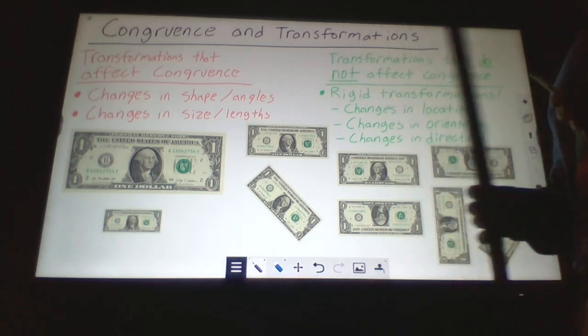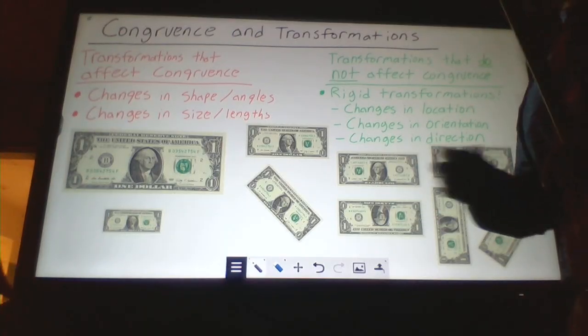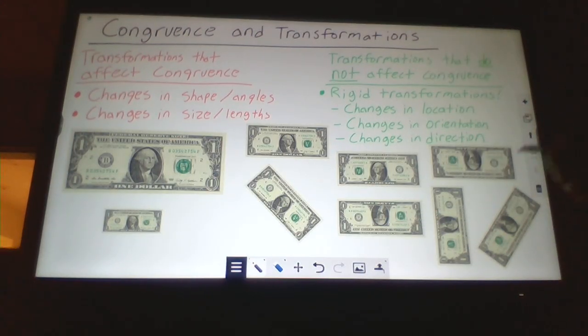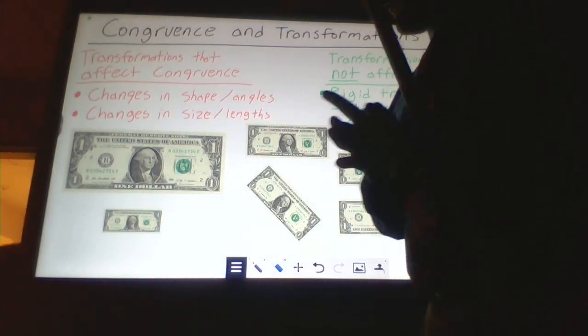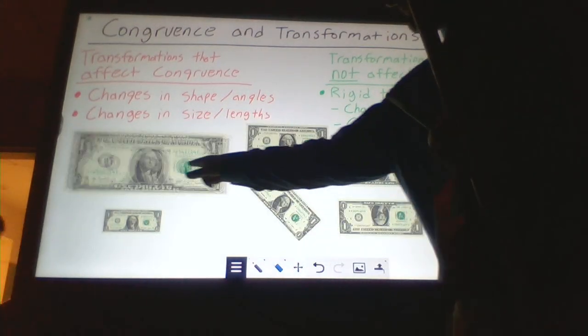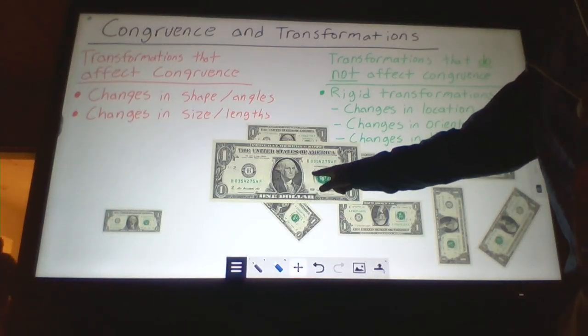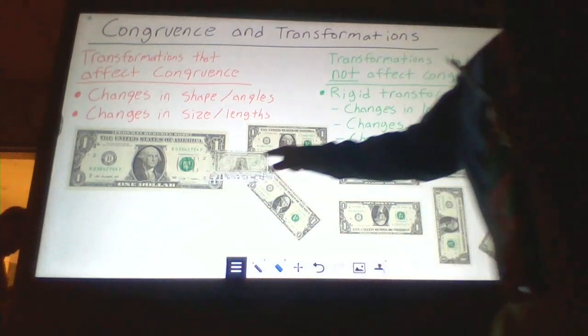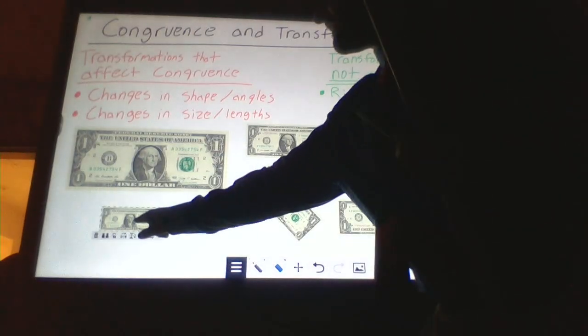Transformations that do affect congruence include changes that change the shape and angles, or the change in size or the lengths. So, for example, if we take this dollar bill and compare it to the original, you can clearly see that it's much bigger. By the same token, this guy is too small.